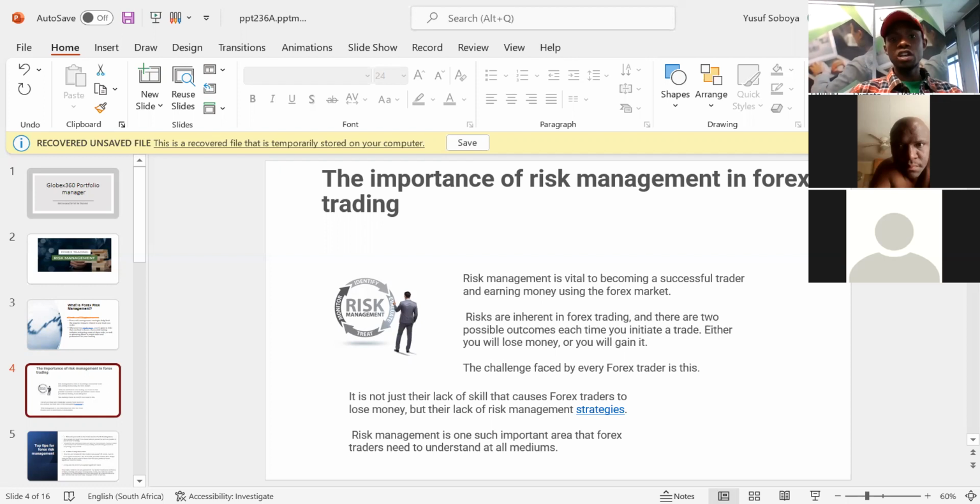That can affect you. As we all know, the Forex market is driven by global economic events that happen each and every single day in the world, right?